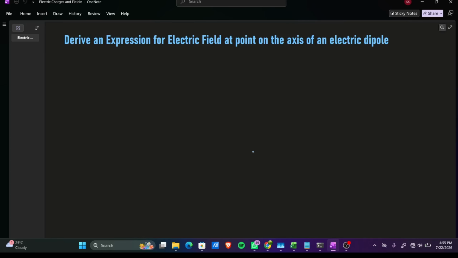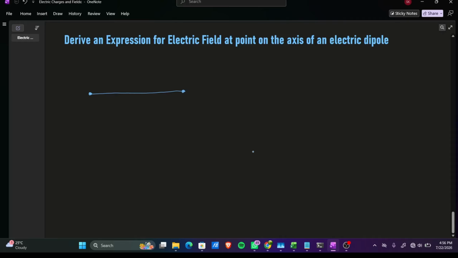I'm assuming that everyone knows the electric dipole, but still I will tell you what exactly an electric dipole is. Let's suppose these are the two charges. An electric dipole is basically a system where there are two charges having the same magnitude, but their signs are different.